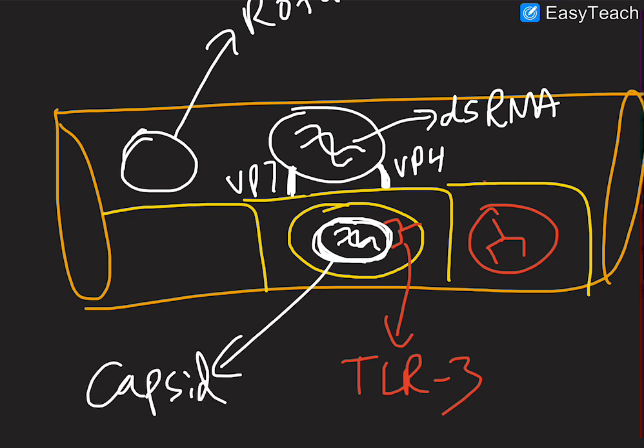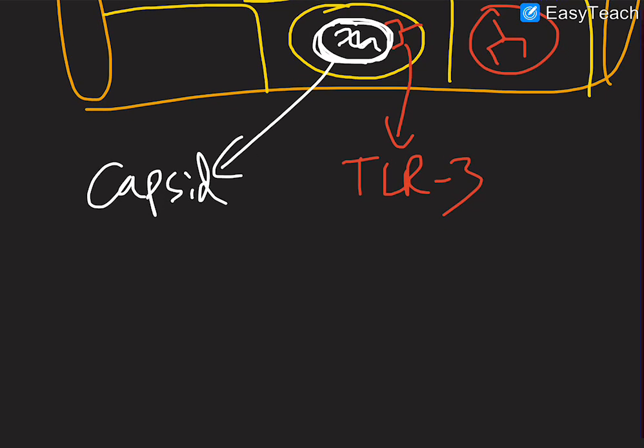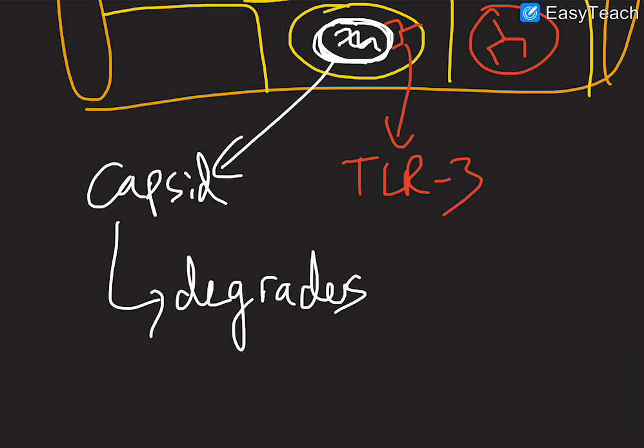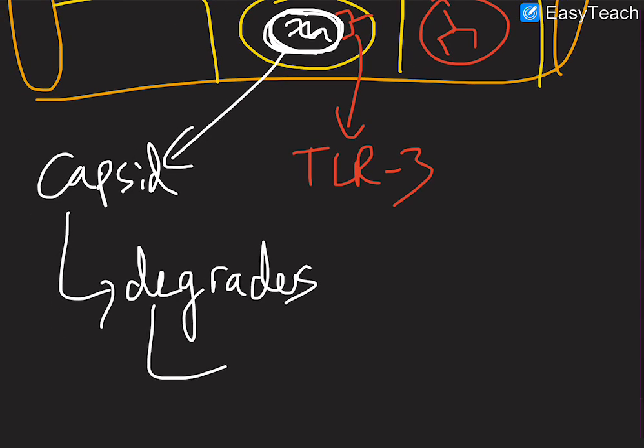What happens is once this rotavirus is inside the endosome, the capsid layer can actually break a little bit. So once inside the endosome, the capsid breaks, or we can say degrades. And what that does is it exposes the double-stranded RNA.